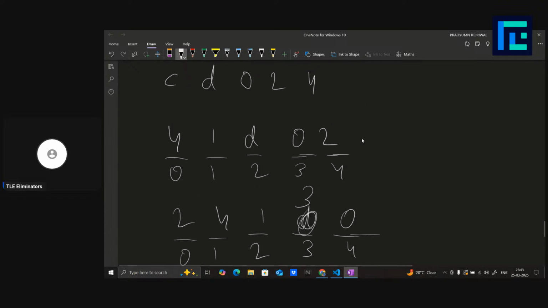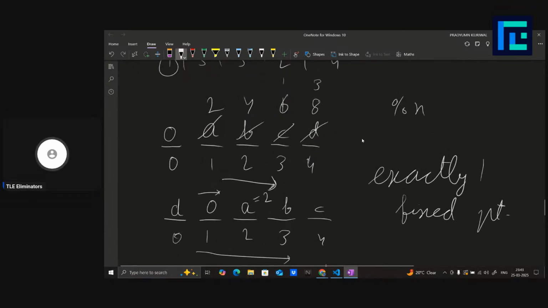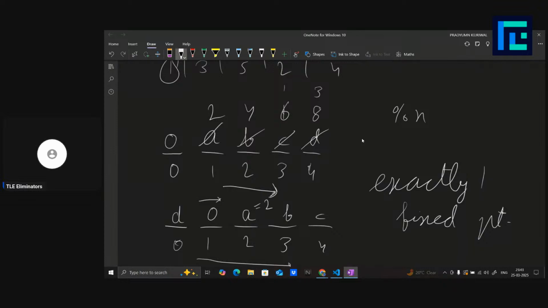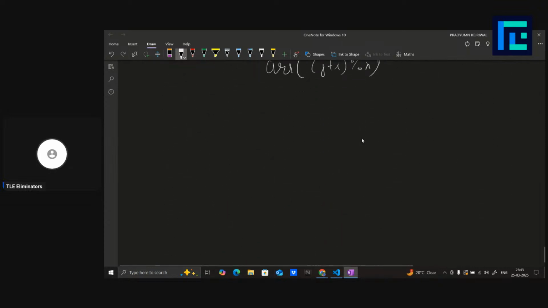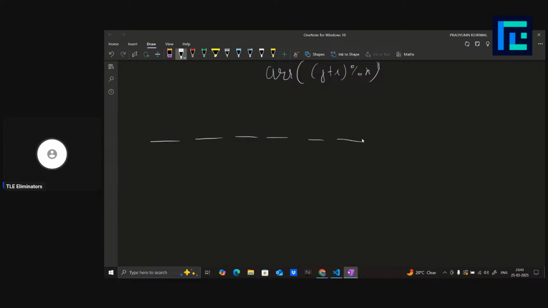So here also, since you are cyclic shifting it, you can observe the pattern that we are putting 0, 2, 4, 6 and 8 and taking them mod n. So I'll write it cleanly here. First of all we have these 5 indices, 0, 1, 2, 3, 4, and at the index i I am putting 2i mod n, right? 0 to 4.